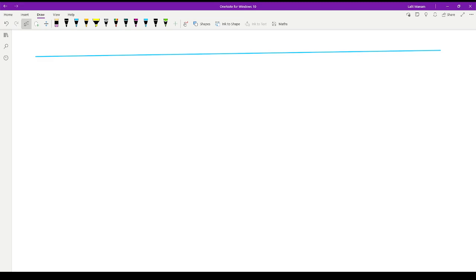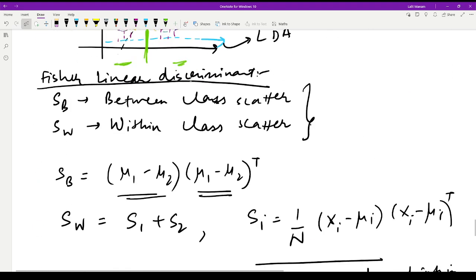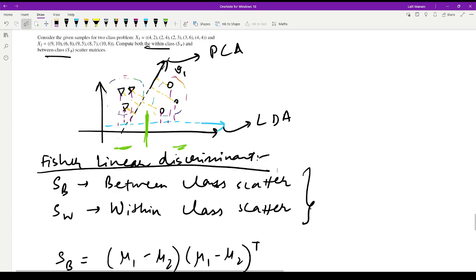Since we are doing linear discriminant analysis, do you understand why it is linear? Why is Fisher linear discriminant linear? Classes are linearly separable. Okay, anything more?